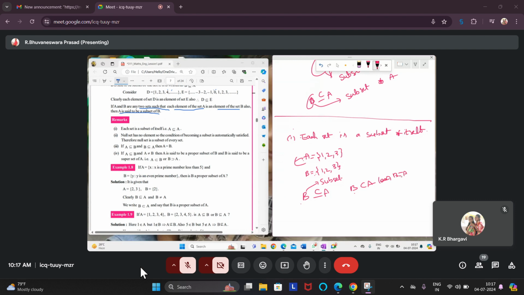Here you see, already B equals A, then A is a subset of A is possible, right? I replaced B with A because it's already an equal condition, the same elements in B. If the B set has the same elements as the A set, that's why A equals B. So now when I say B subset of A, in B's place again I am substituting A. Why? Because it's already equal sets.